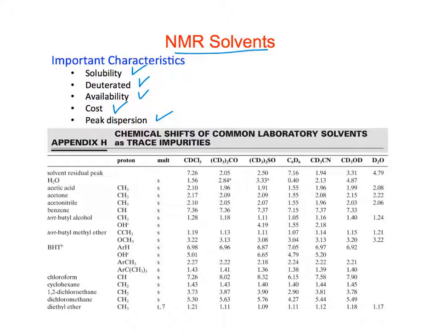So for example, here's the list of the residual protons in the solvent. So here's the 7.26 for chloroform. You know, there's the signal for acetone and DMSO and benzene, acetonitrile, methanol, and D2O. Right? So we can see where those signals show up.